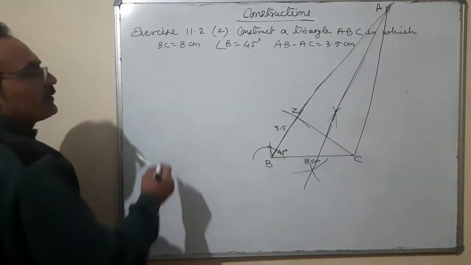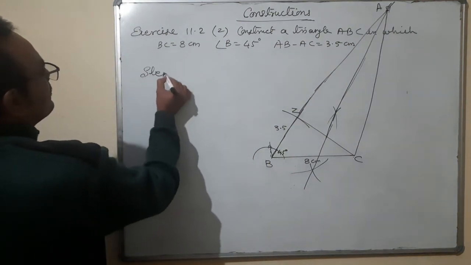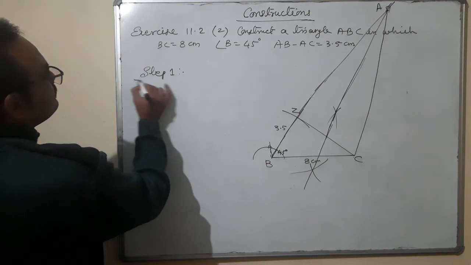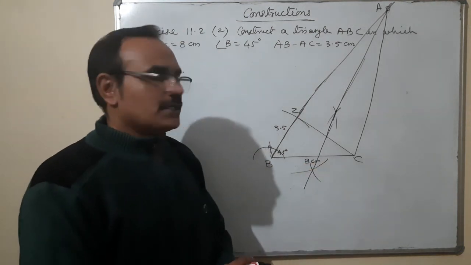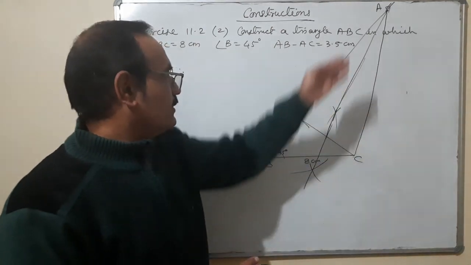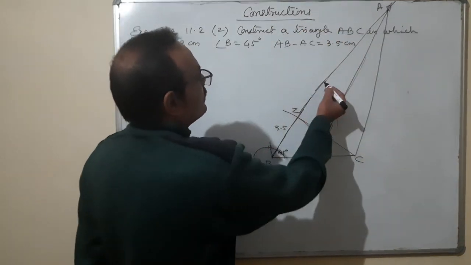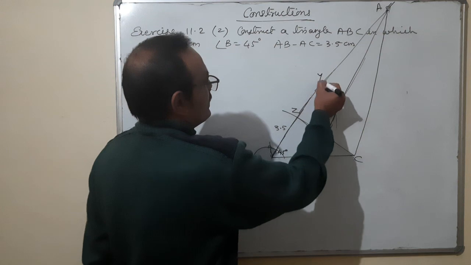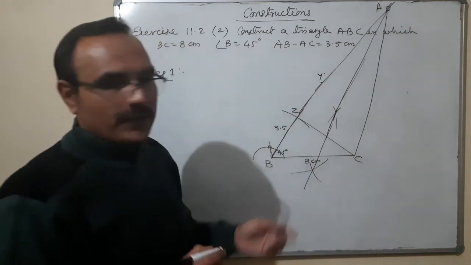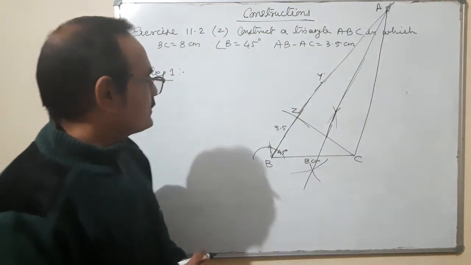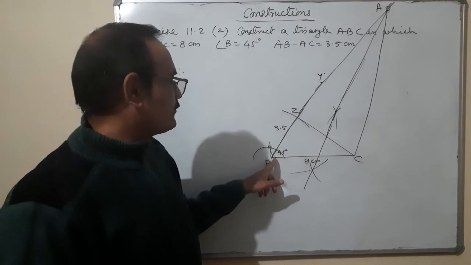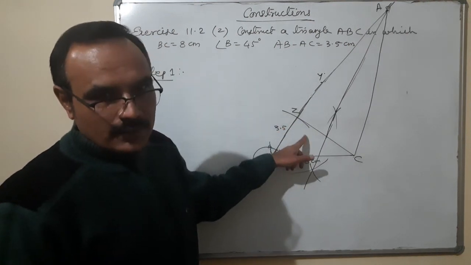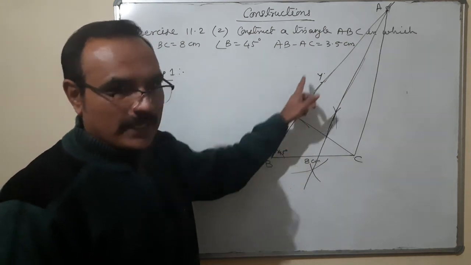How to write the steps? The same as step number 1. First, draw a line segment BC equal to 8 cm, making an angle YBC equal to 45 degree. After that, with B as center taking radius of 3.5 cm, draw an arc intersecting at point Z on BY.